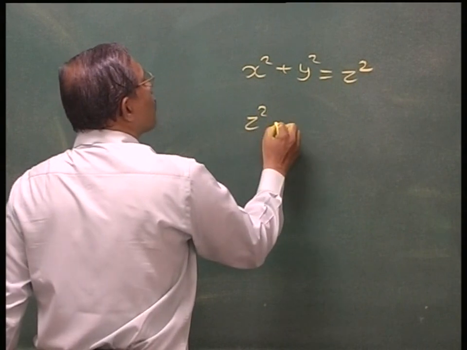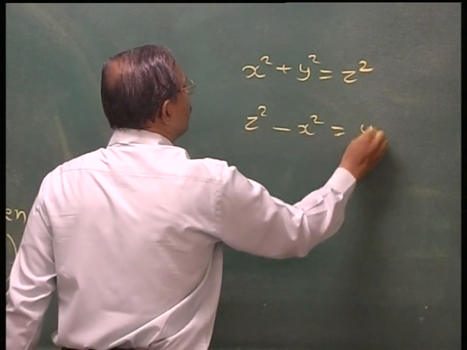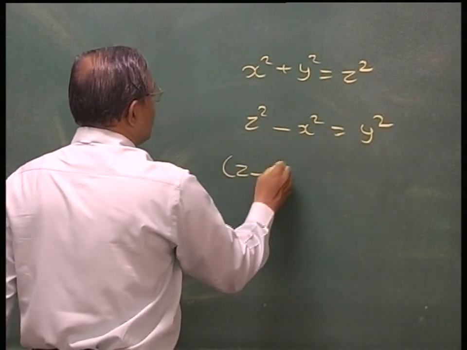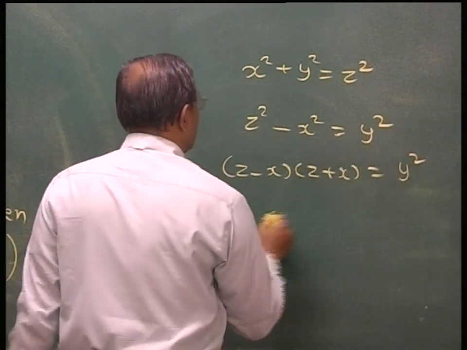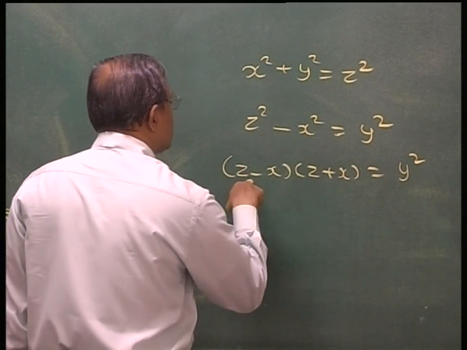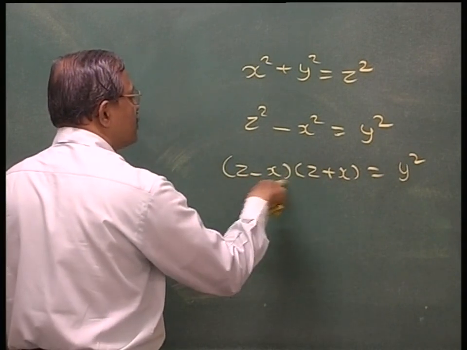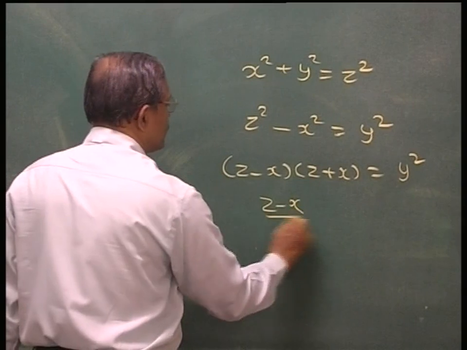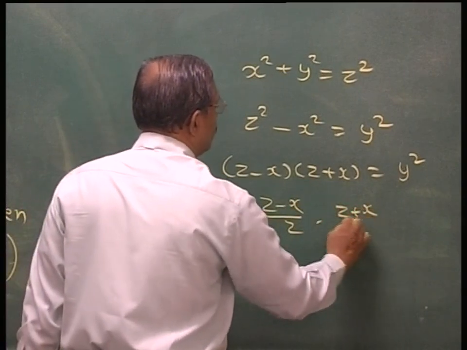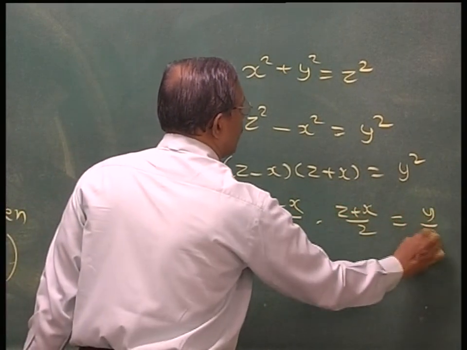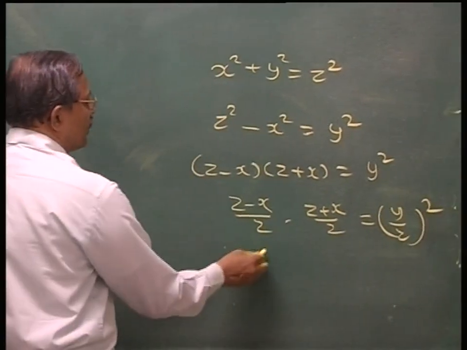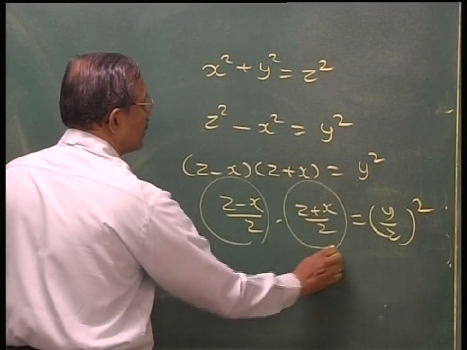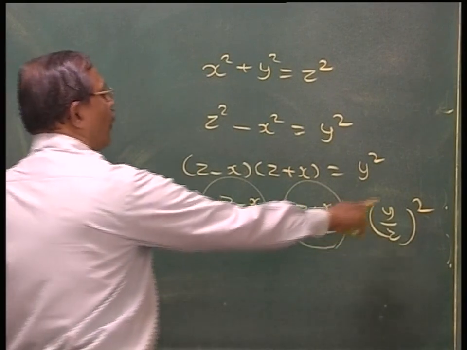X square plus y square equal to z square, so z minus x square equal to y square, z minus x times z plus x equal to y square. Now this is odd and odd, so the difference is even, this is even: z minus x by 2 times z plus x by 2 equal to y by 2 bracket square. And now you can check that these two are co-prime and this is a square.